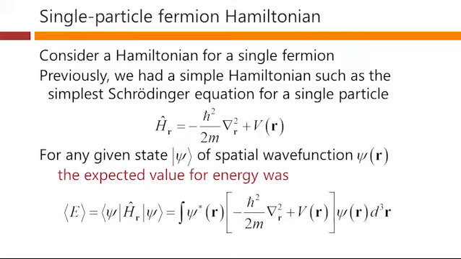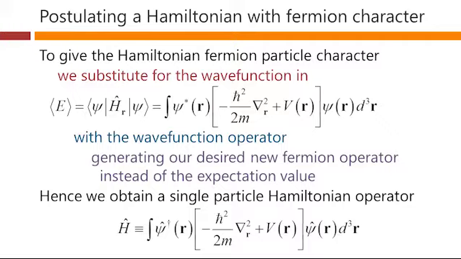Hence, we're going to obtain a single particle Hamiltonian operator that is simply, we propose, in this form. So it looks just like this expression for the energy expectation value, but instead we have the wave function operator and its Hermitian adjoint here, and we're postulating that this will give us a good way to write down the Hamiltonian. So it's just a postulation, but we're going to show that it works.